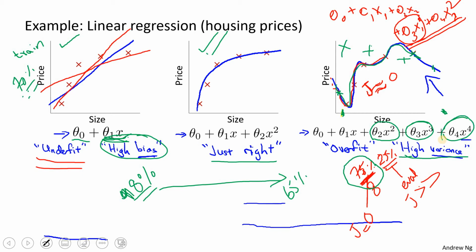When you introduce these terms, your function will become more complex, no more a straight line. And when it becomes complex, remember that it will possibly catch the problem of overfitting.